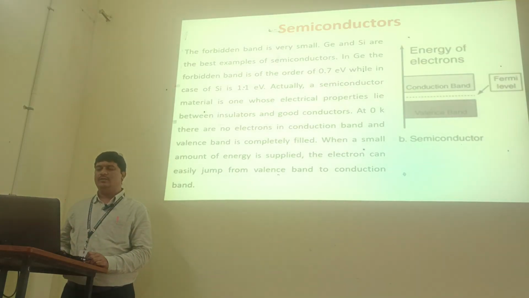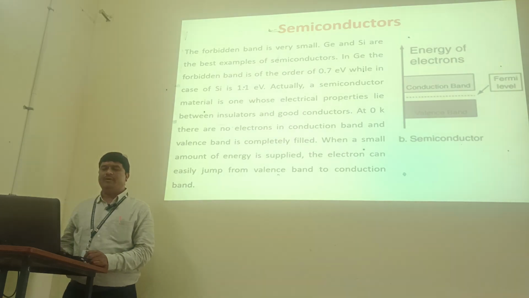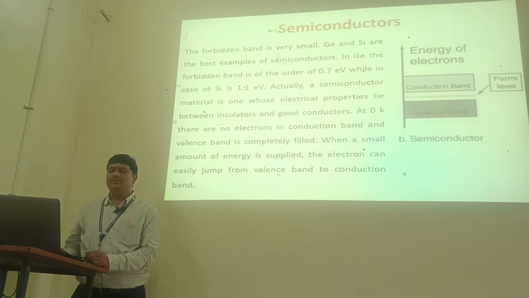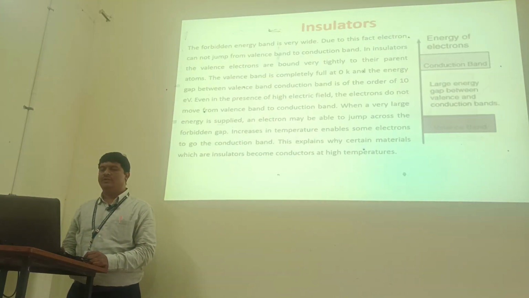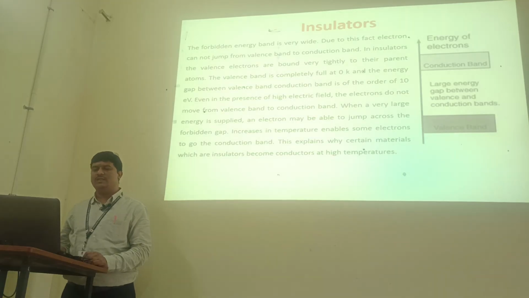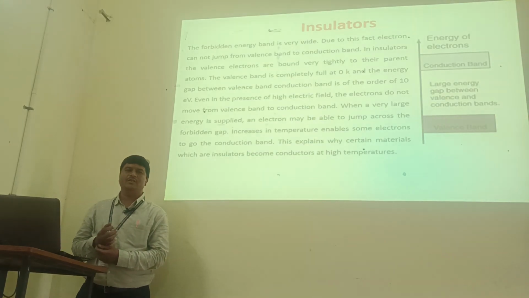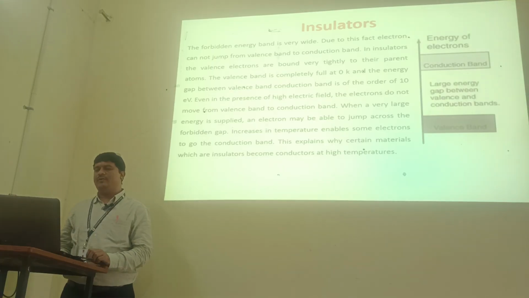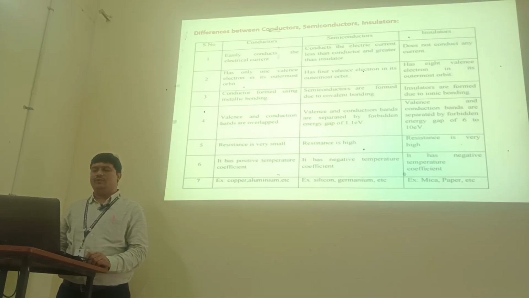The energy gap is moderate, about 0.7 electron volts for germanium and 1.1 electron volts for silicon. Examples are germanium and silicon. Next, insulators: a material which does not allow the flow of current is known as an insulator. The band gap is very high. The differences between conductors, semiconductors, and insulators are shown in the table.